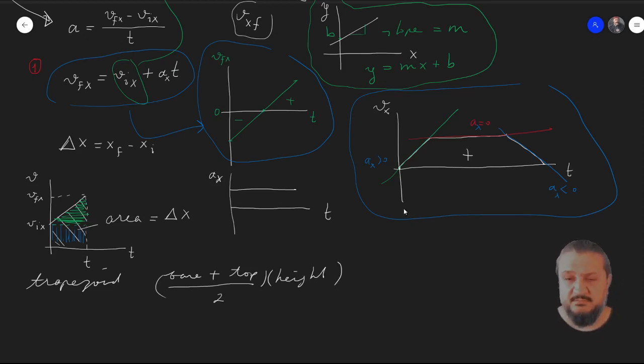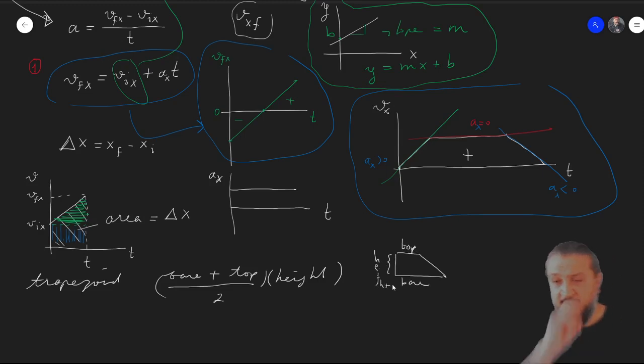Okay, well, the trapezoid actually is like this. Okay, this is top here. Top. And this is a base. And height would be this. Okay, so it's like 90 degrees rotated.